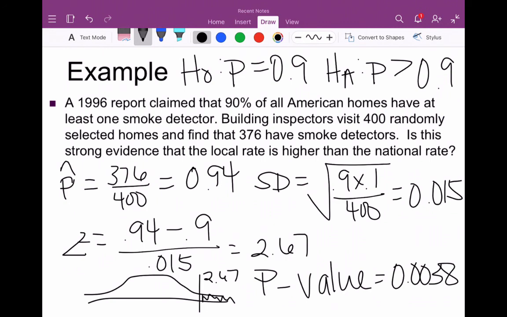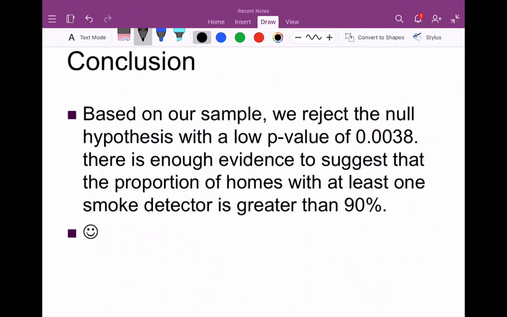With a low p-value, we reject our null hypothesis. So then in our fourth step, we can state our conclusion. And our conclusion says that based on our sample, we reject the null hypothesis with a low p-value of 0.0038. There is enough evidence to suggest that the proportion of homes with at least one smoke detector is greater than 90%. So then yes, the local rate would be higher than the national rate.